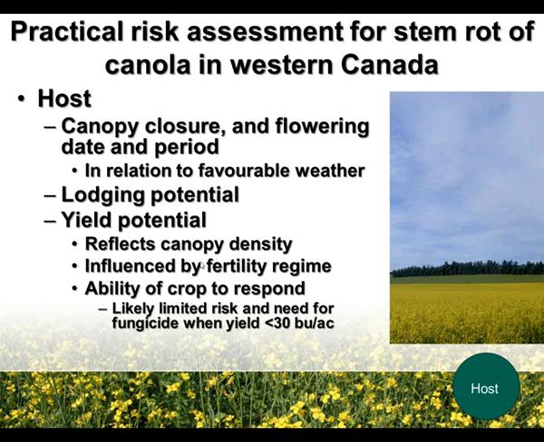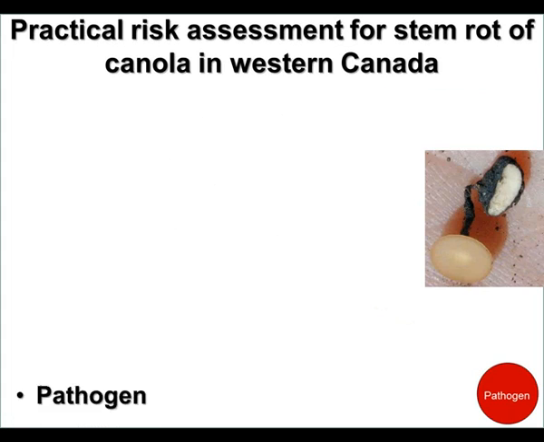And it's going to be influenced by, to a certain extent, the variety, but primarily the fertility regime and especially the nitrogen rates that you have. So the more yield potential you have there, the greater the crop canopy density, the more favorable the moisture conditions you have, and the more disease. And last but not least, as far as the host-related factors, commodity price. The higher the price, the lower that threshold as far as spraying becomes.